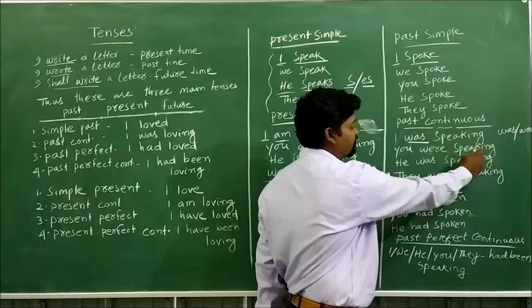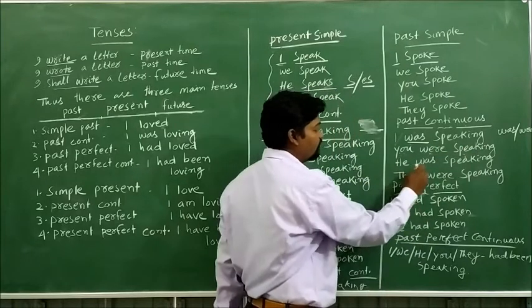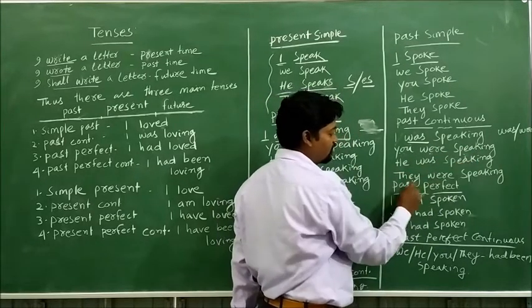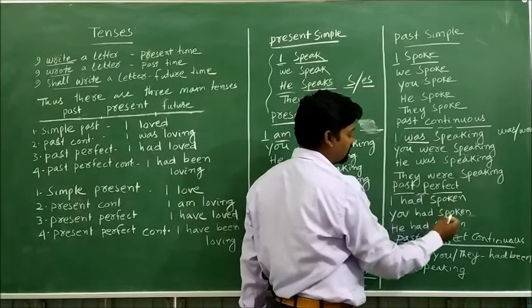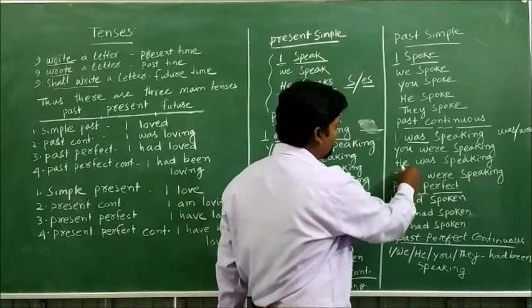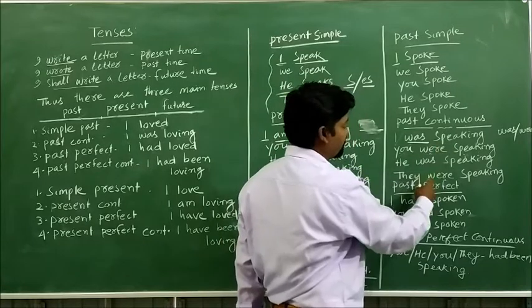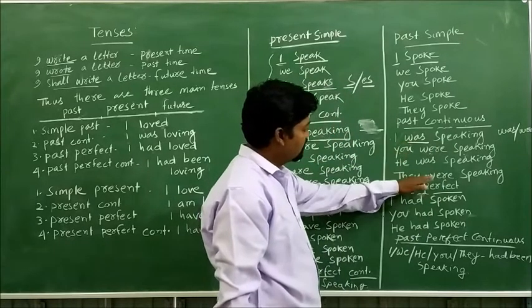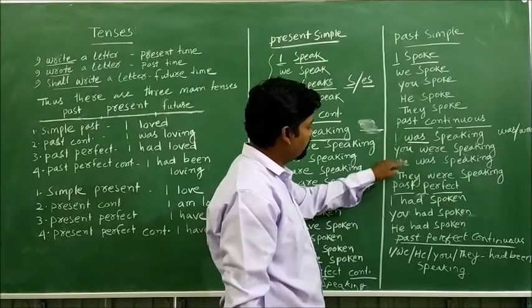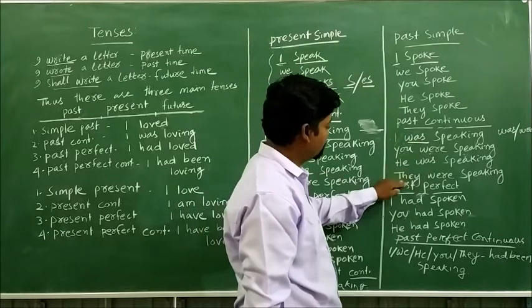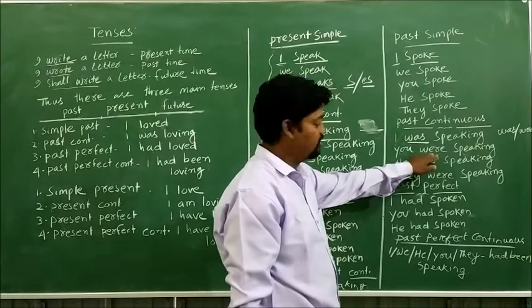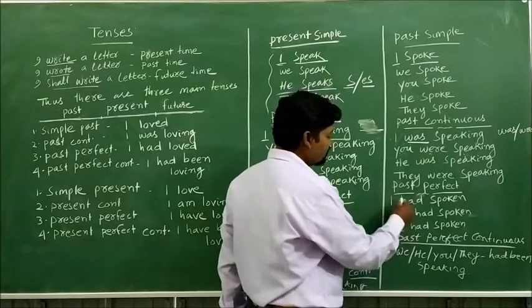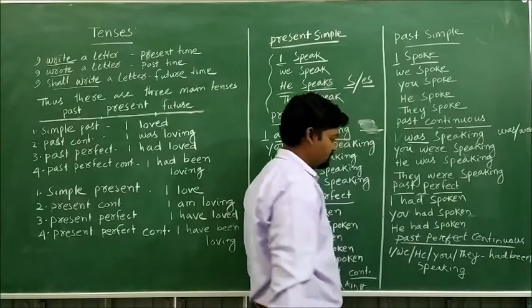He was speaking. They were speaking. We were speaking. With I and he we use was. The rest of the subjects take were. Clear?